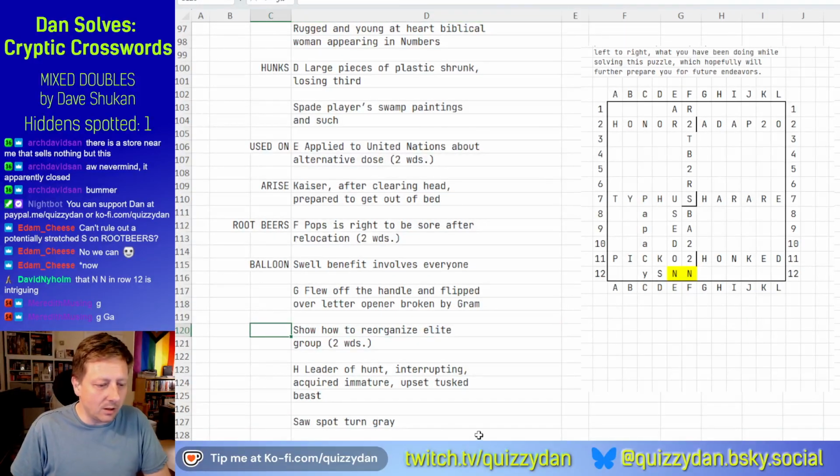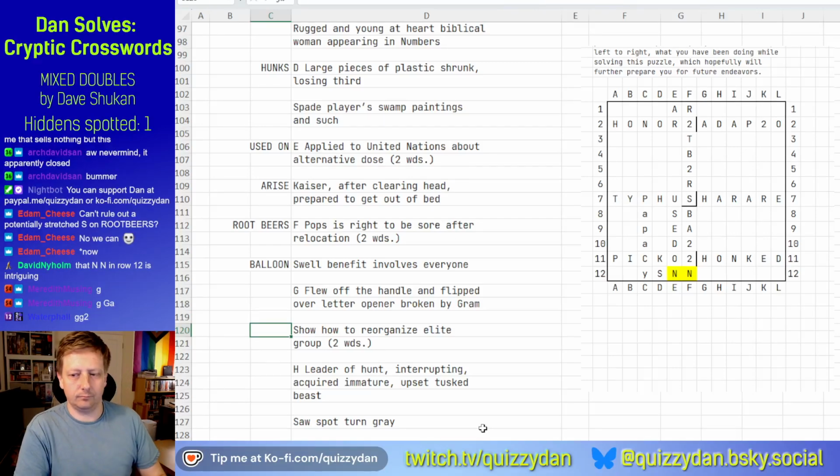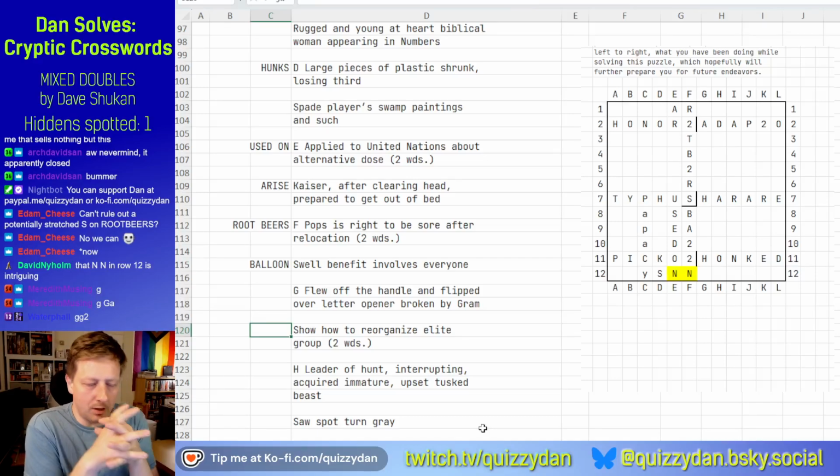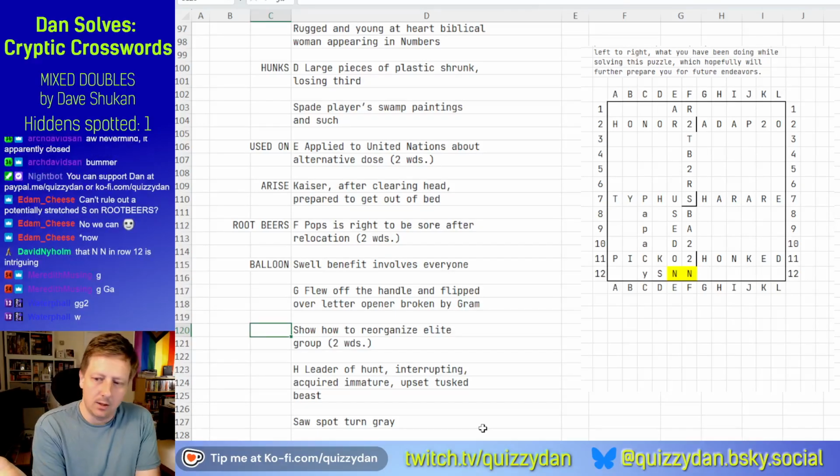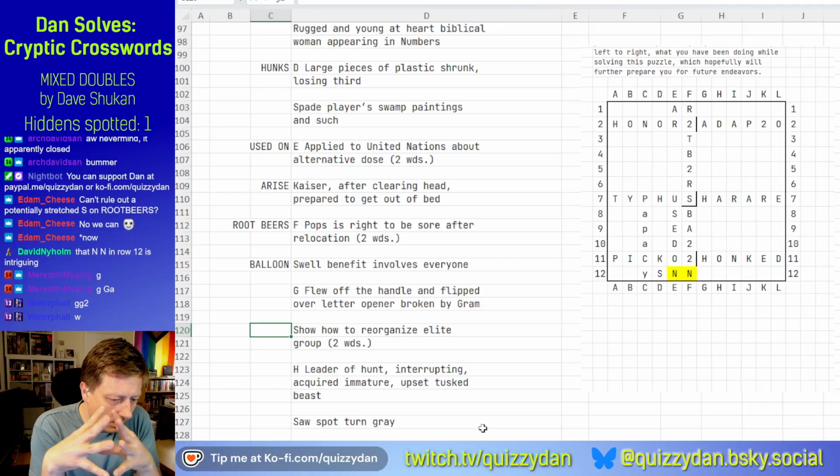Show how to reorganize elite group. Two words. There's a lot of H's in this G column, isn't there? First letter, please, for this one. Because I'm currently wondering, show how is the definition, anagram of elite group. Well, it's not that. Could be anagram of show how to. Okay.